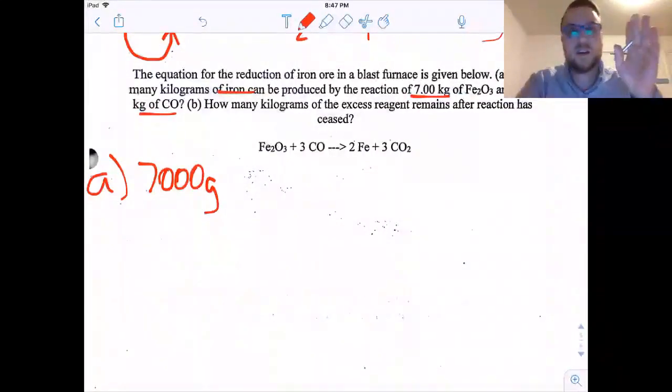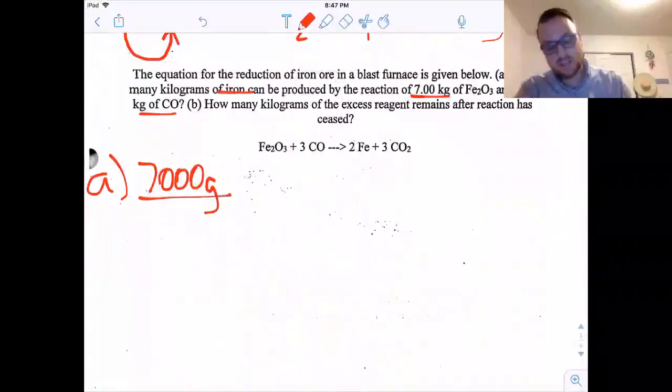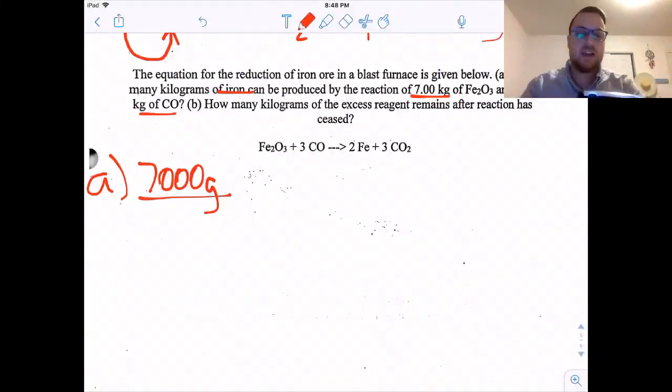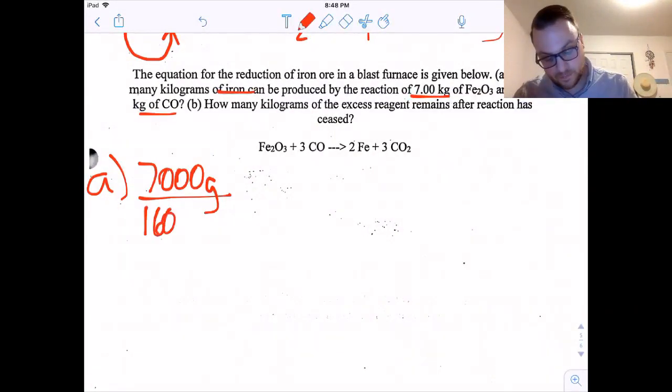If you just take the mass given and divide it by its periodic mass or its gram formula mass or its molar mass, they all mean the same thing. In which case iron 3 oxide should weigh about 160, rounded, because I did 56 for iron, and 3 oxygen is about 48. So 7,000 divided by 160 is 43 point, I'll just round up, 8 moles.